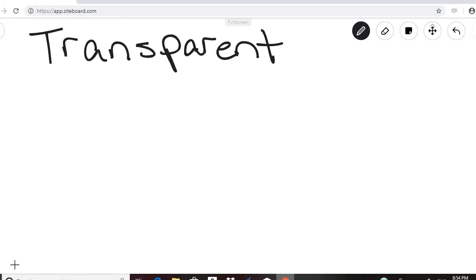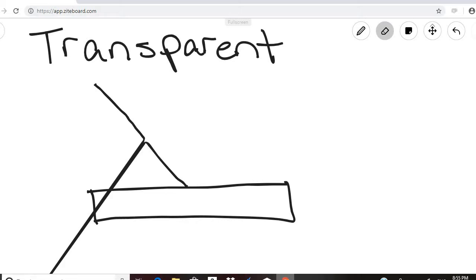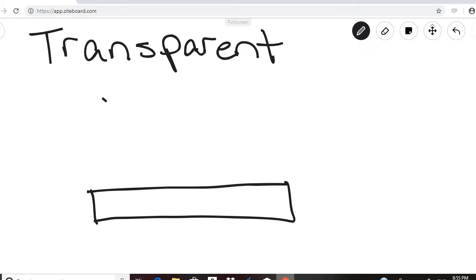When light hits a transparent object like glass, so if I have a piece of glass and light is traveling in air, it'll hit that glass, and then part of it will get reflected, like we saw when it hits an opaque surface.